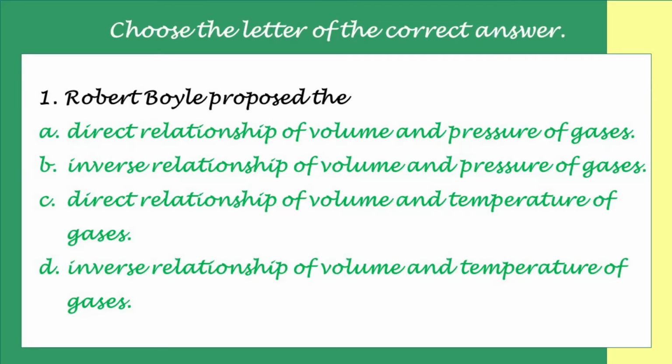For the first question, Robert Boyle proposed the A. direct relationship of volume and pressure of gases, B. inverse relationship of volume and pressure of gases, C. direct relationship of volume and temperature of gases, and D. inverse relationship of volume and temperature of gases. If your answer is B, the inverse relationship of volume and pressure of gases, then you are correct.